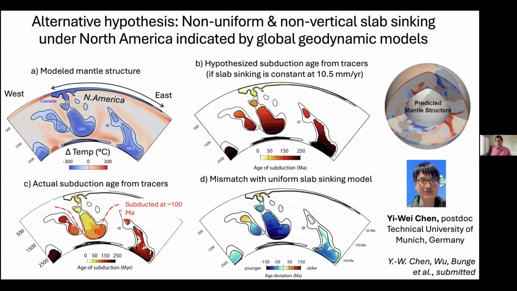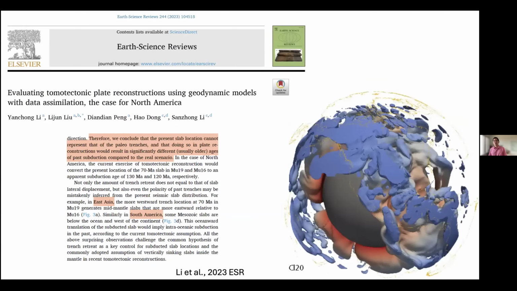And not only is it this model that is showing this, but a 2023 paper from Lingjie Liu's group, using a different code, but again using a spherical Earth and realistic subduction histories, found non-uniform slab sinking.